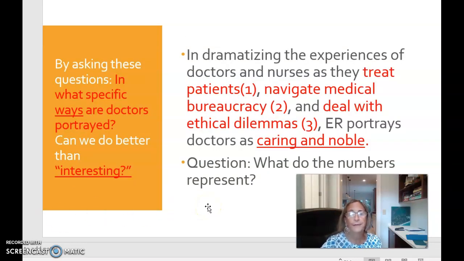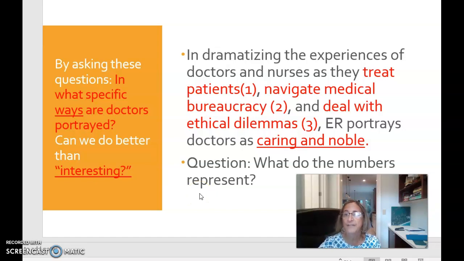You're asking yourself, in what specific ways are doctors portrayed? And certainly you want to ask yourself, can I do better than just saying it's an interesting portrayal? So here's a great revision.